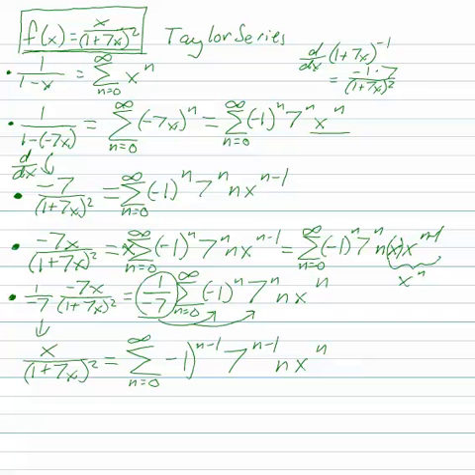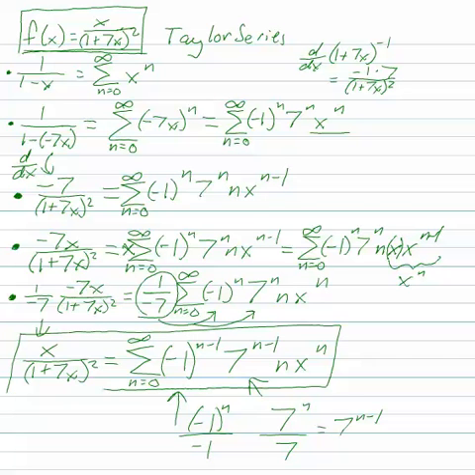And again, the negative 1 to the n minus 1 was simplifying. This came from negative 1 to the n over negative 1. This came from 7 to the n over 7. In both cases, you just subtract 1 from the top. So we have our final form as desired.